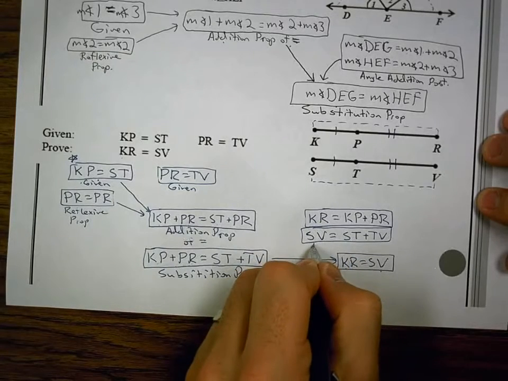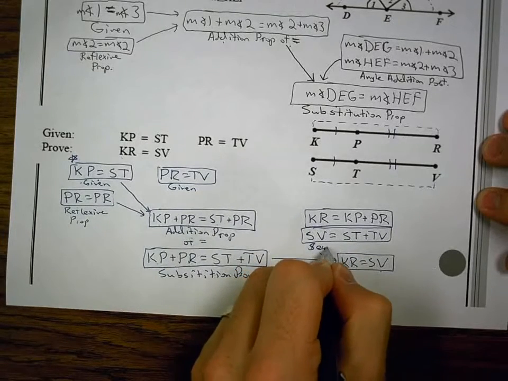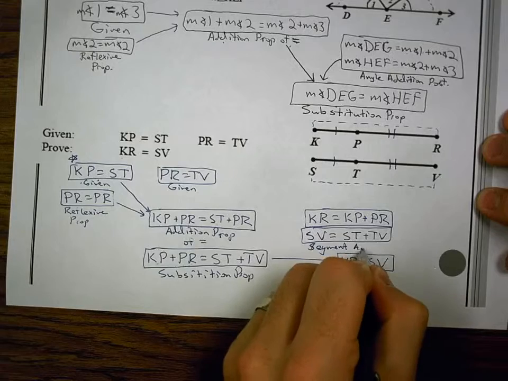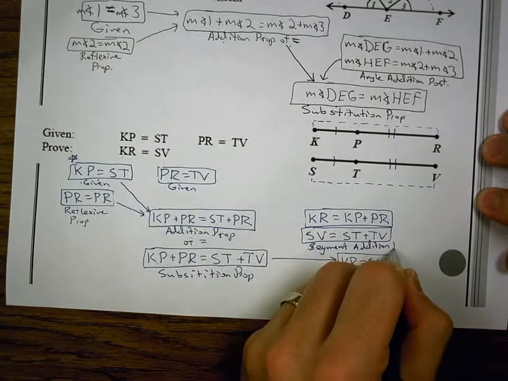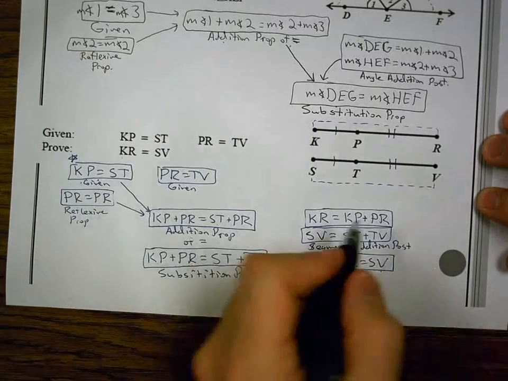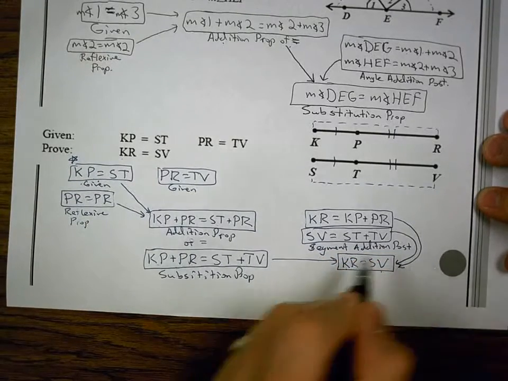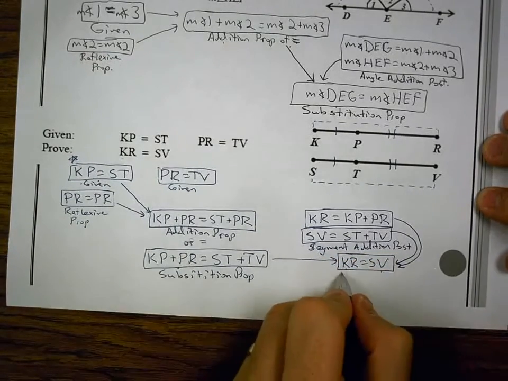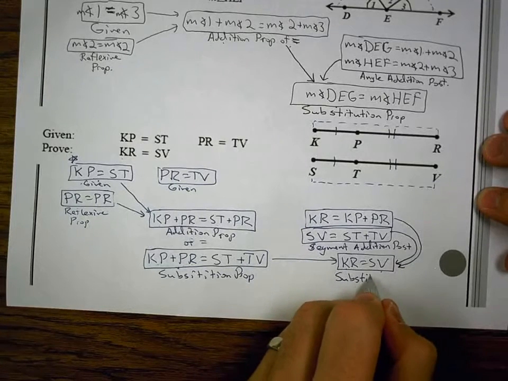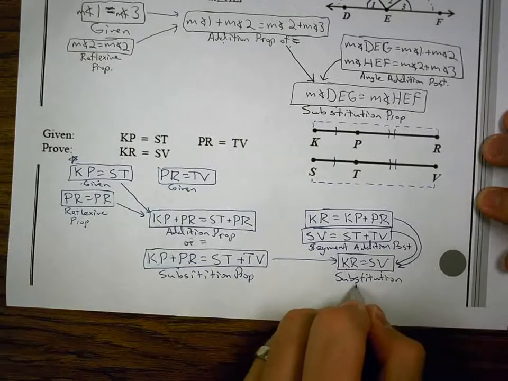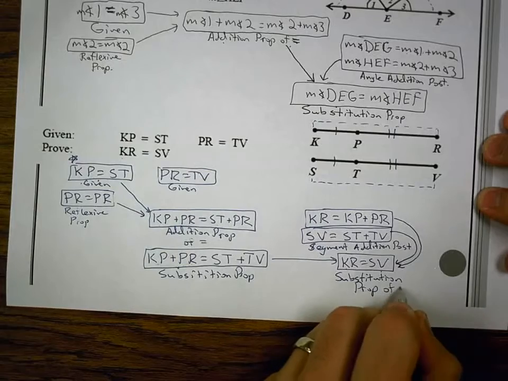And that is the segment addition postulate. Now that we have those, we can connect it, replace this out, and it's going to be the substitution property that gets us to where we want to be.